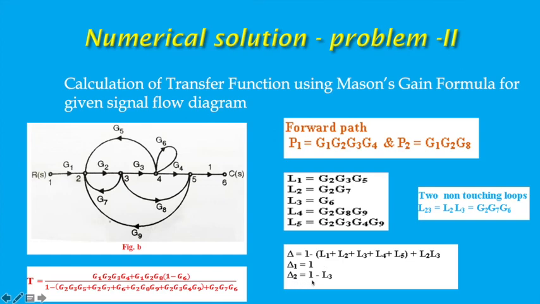Next is delta 2 equal to 1 minus this L3 loop, which does not touch the second forward path. So we can write minus L3. Then find the transfer function. So this is delta 1 into P1 plus delta 2 into P2 divided by delta. Then this is the transfer function of the system.